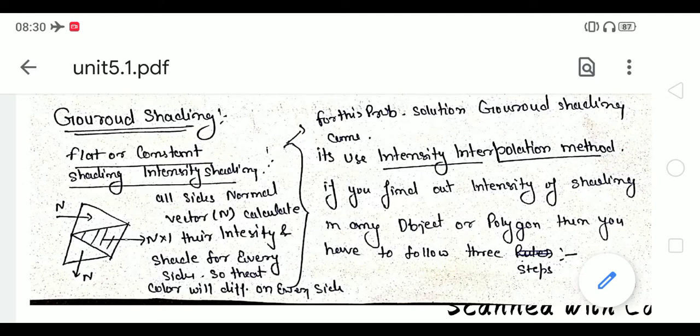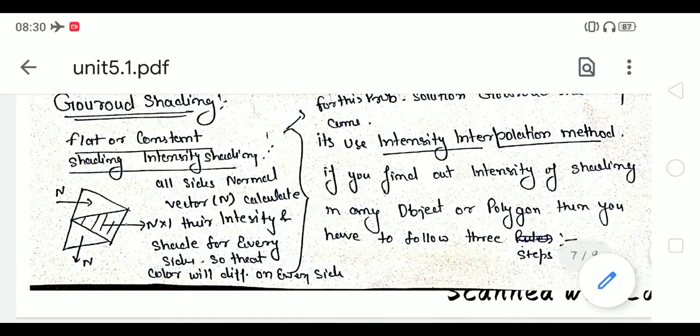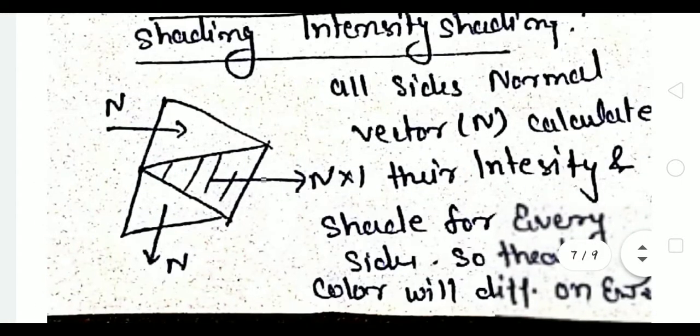So the problem is called flat shading, or constant intensity shading. For example, we have one polygon which has three faces, or three surfaces, and every surface has its own normal vector. Every normal vector has its own intensity.